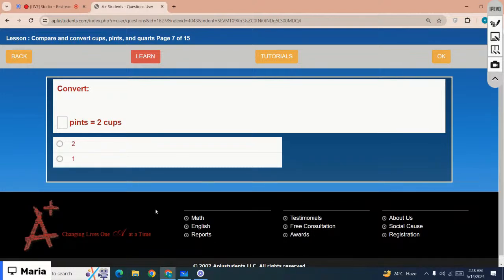The correct option is 2 cups equal 1 pint. The correct option is 1.